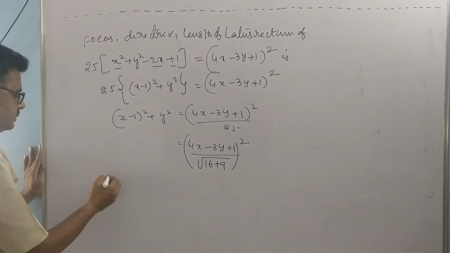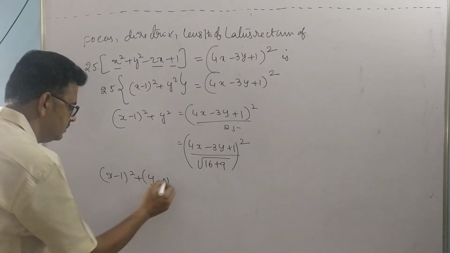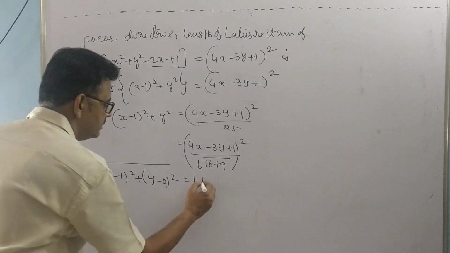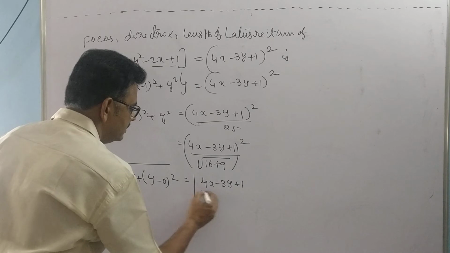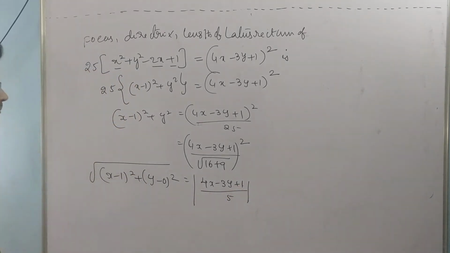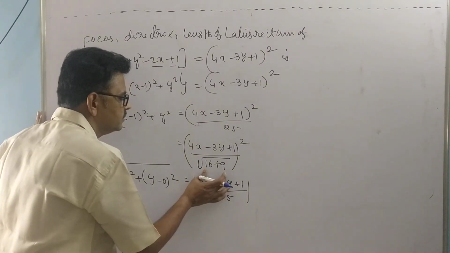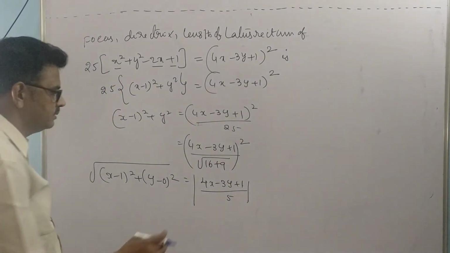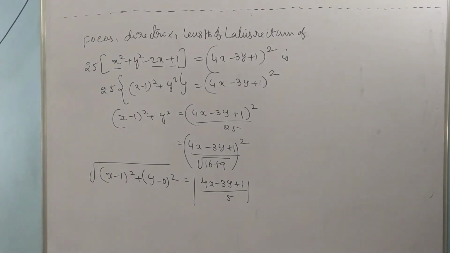Taking the root, this is the square root of x minus 1 whole square plus y minus 0 whole square, equal to mod of 4x minus 3y plus 1 by 5, since the root of 25 is 5.